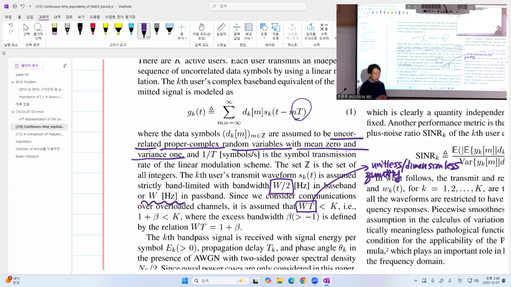And this research was done a decade ago, but now similar ideas come again and again when people talk about faster than Nyquist transmission and when people talk about non-orthogonal multiple access.